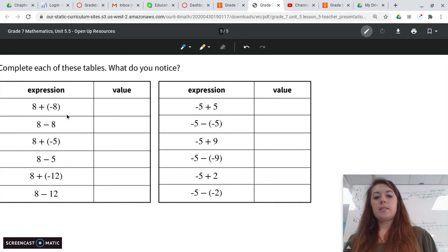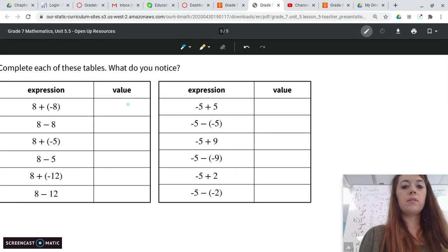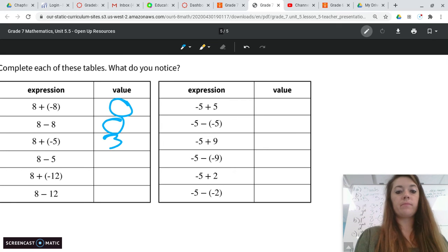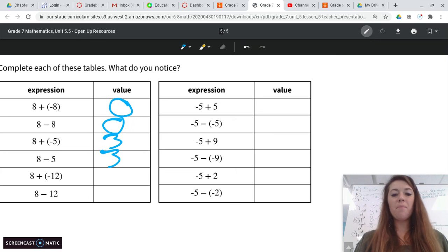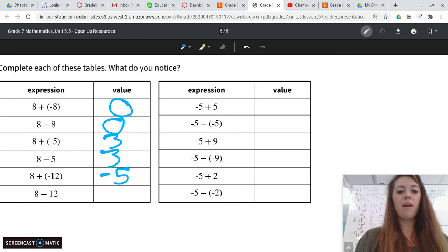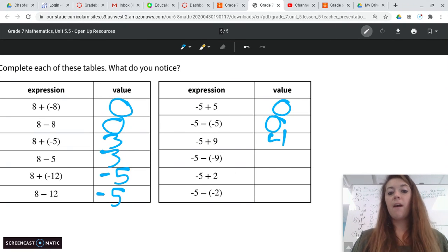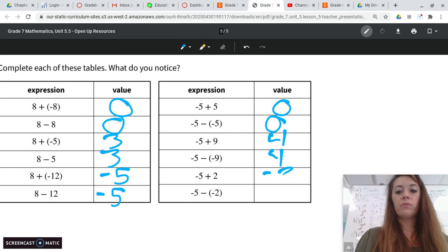All right, so 8 plus -8 equals 0. 8 minus 8 equals 0. 8 minus -5, 3. 8 minus 5, 3. 8 plus -12, -5, and 8 minus 12, also -5. -5 plus 5, 0. -5 minus -5, also 0. -5 plus 9, 4. -5 minus -9, also 4. -5 plus 2, -3. And -5 plus -2, 3.